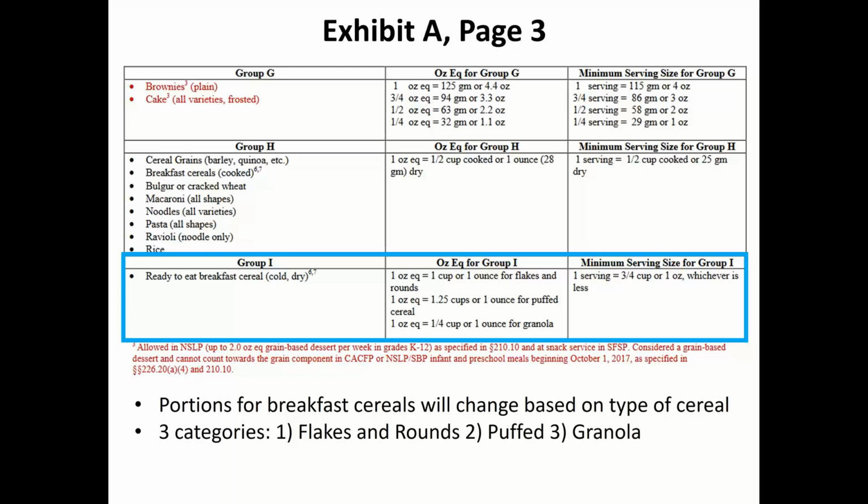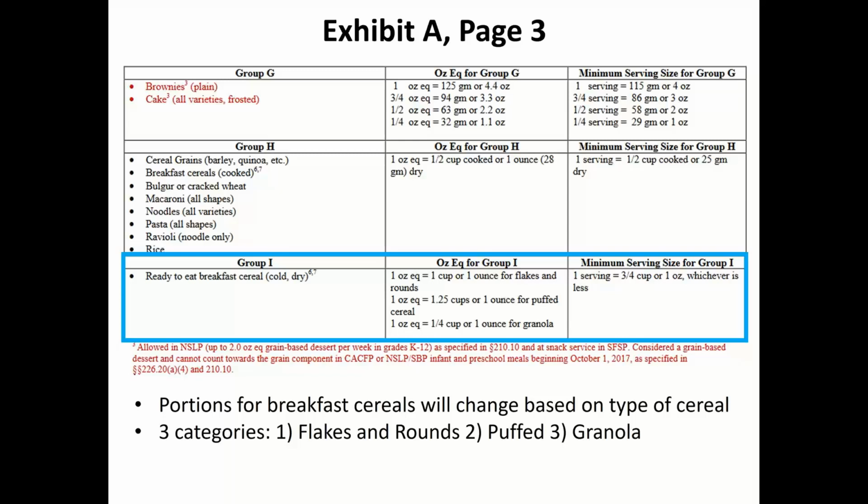The reason why they are broken up into 3 different groups is because cereal is often hard to measure by weight. Instead, it is often served using volume. However, because cereals have so many different shapes and densities, using one volume measurement might result in having too much variations in creditable grains. So we broke it out into 3 different groups.